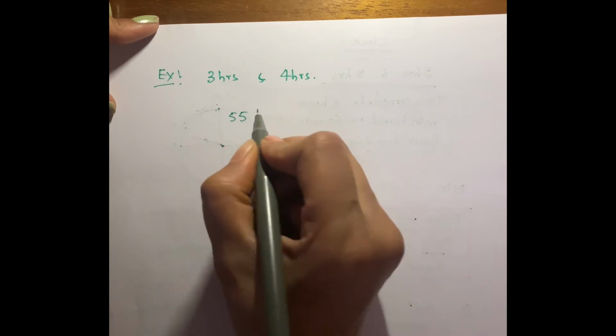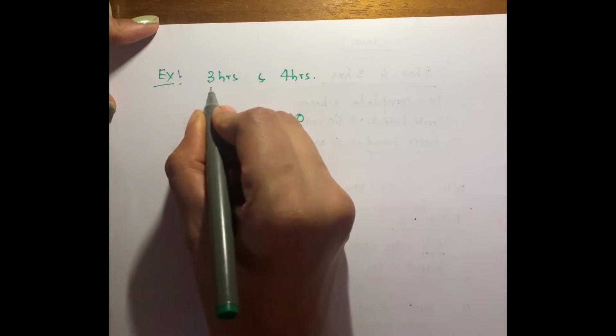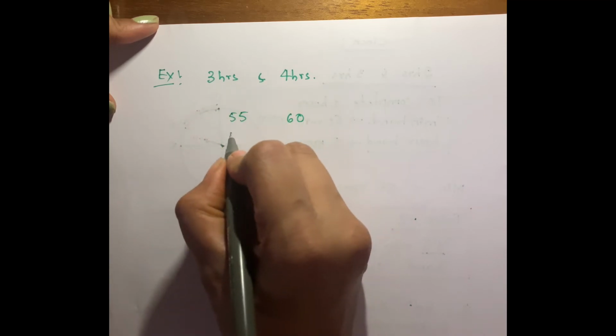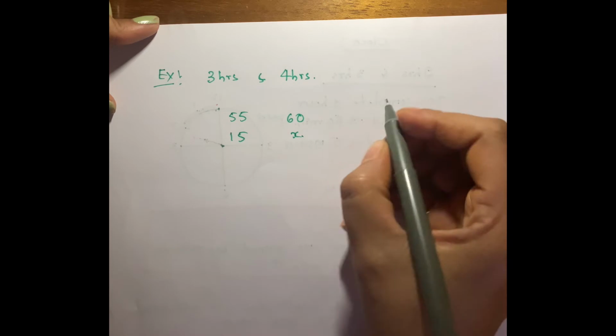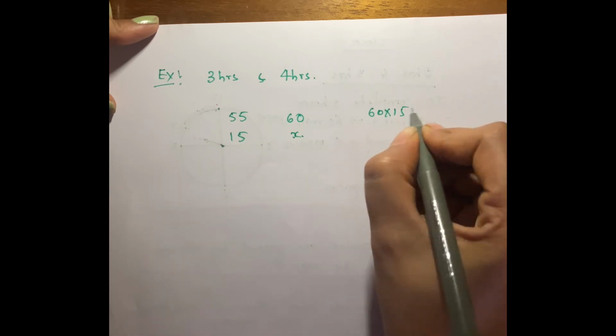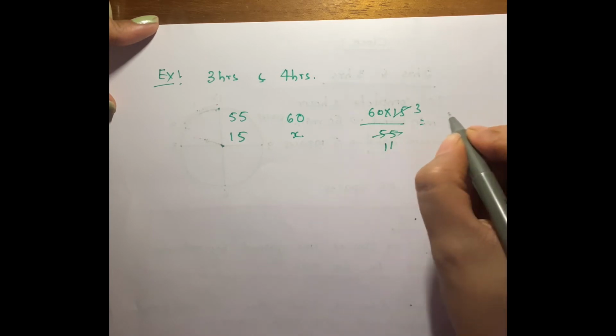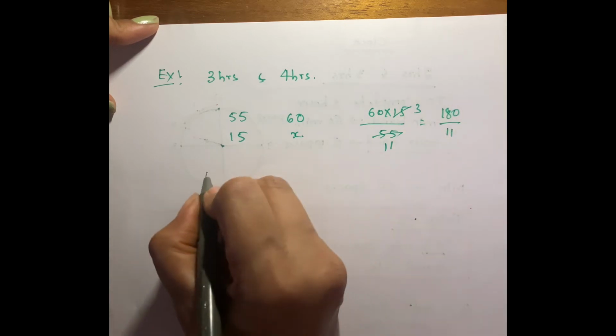So 55 spaces are gained in 60 minutes. So 15 minutes, how much? Cross multiply it. It is 60 into 15 upon 55. 5 3s are 15, 5 11s are 55, okay? 180 upon 11. Divide it.